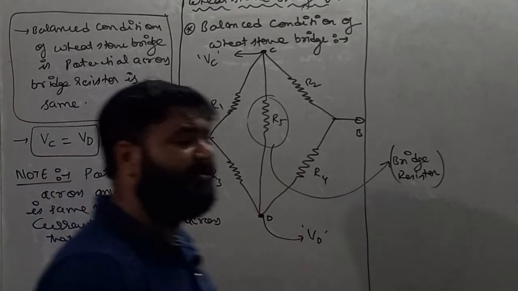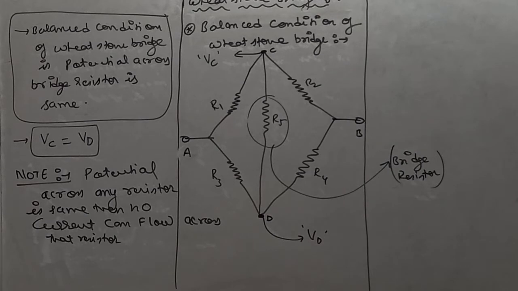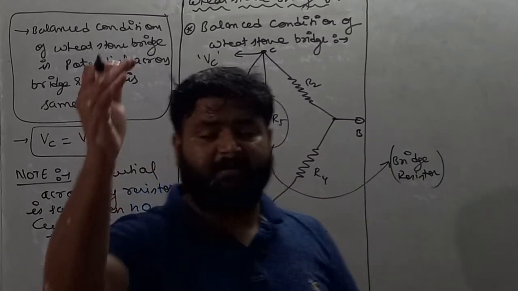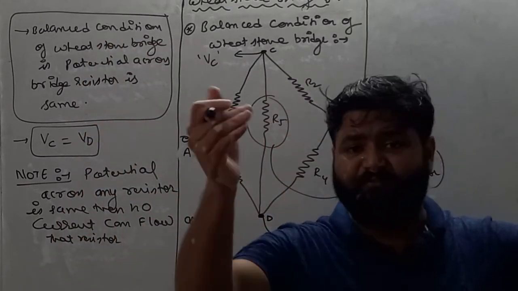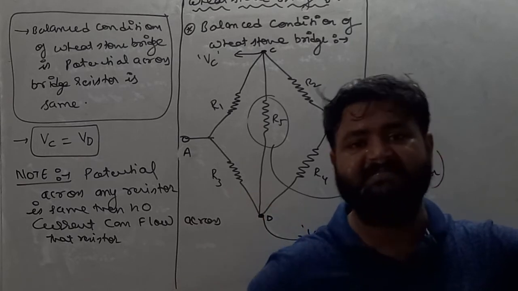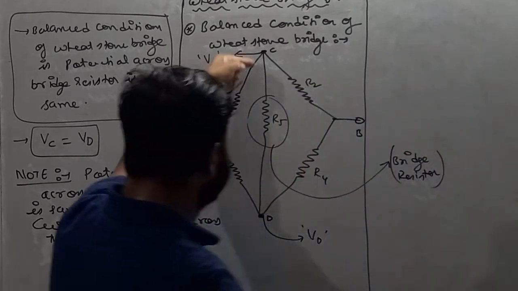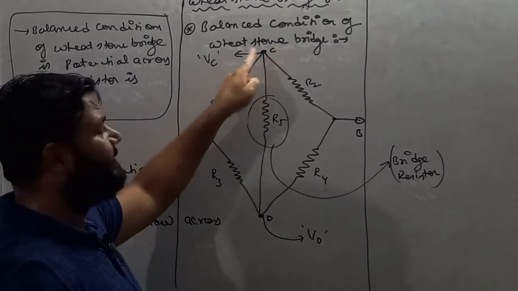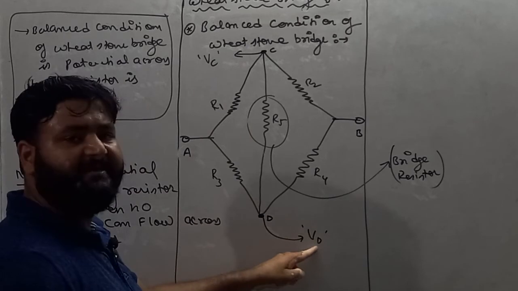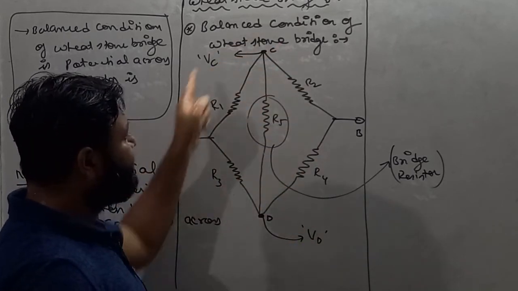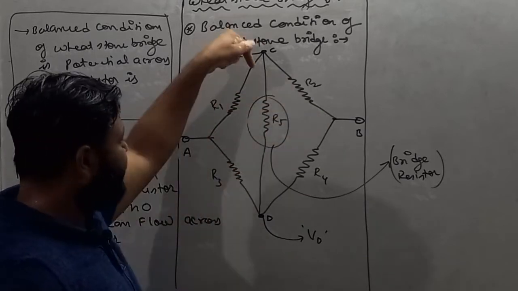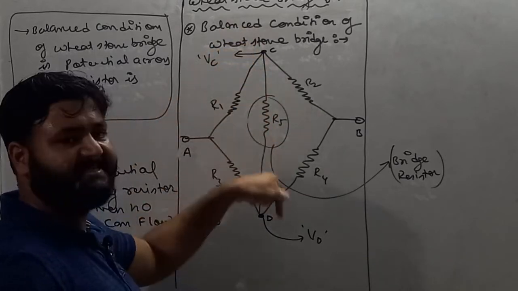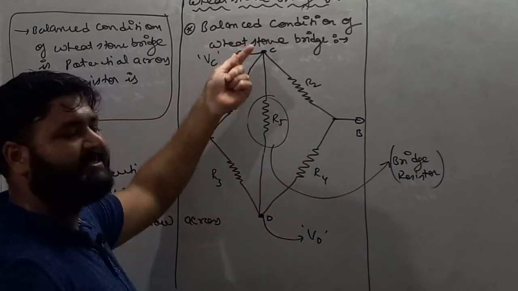I am repeating once again: if potential difference across any resistor is same, then no current flows across that resistor, because we know that if you wish to flow current, there must be some potential difference across the resistor. So see, this is R5, and if the potential at point C is Vc and at point D is Vd, then if the Wheatstone bridge is under balance condition, no current can flow across the bridge resistor because the potential difference across it is same.